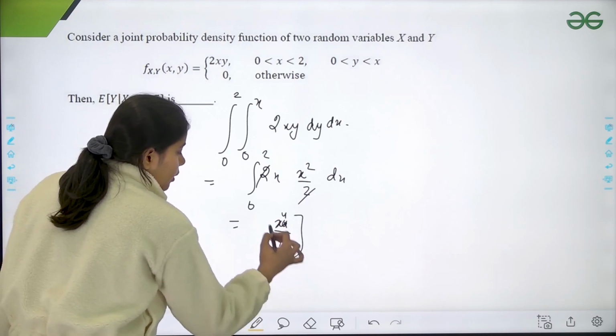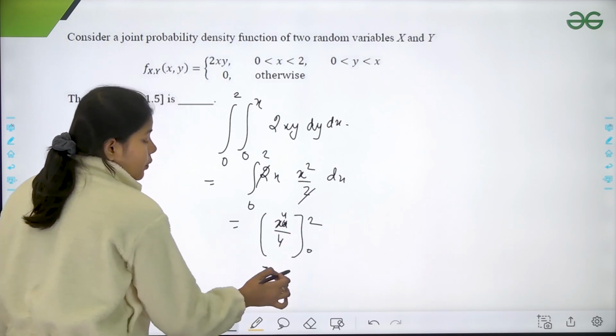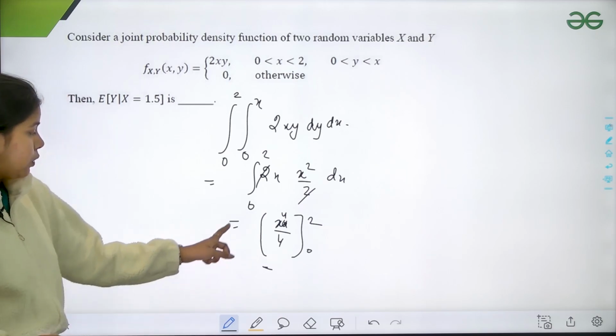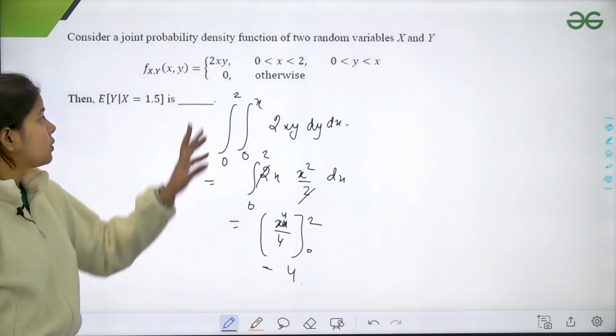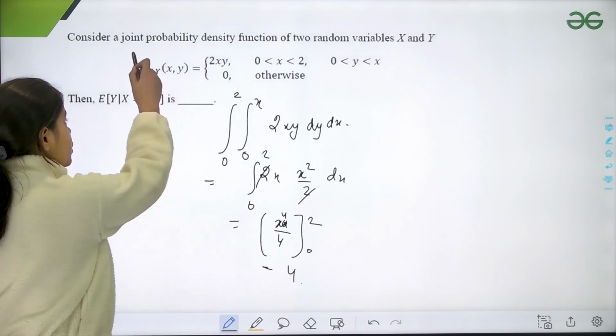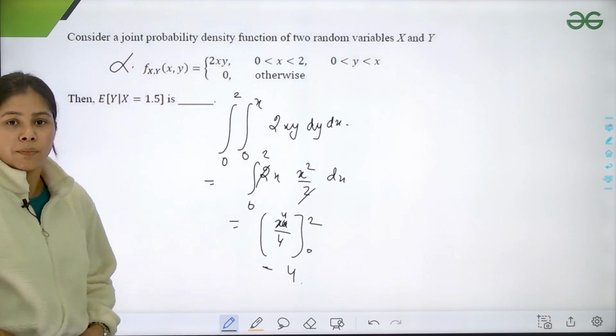Putting the limits 0 to 2, 2 to the power 4 is 16, so overall I get the value 4. That means this is not a probability density function. So this question is incorrect in the GATE exam.